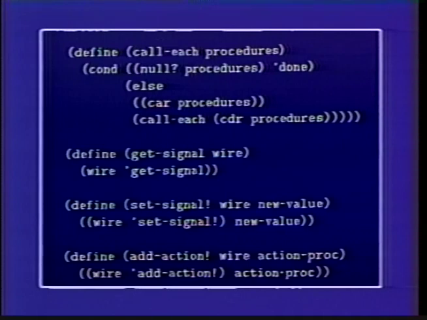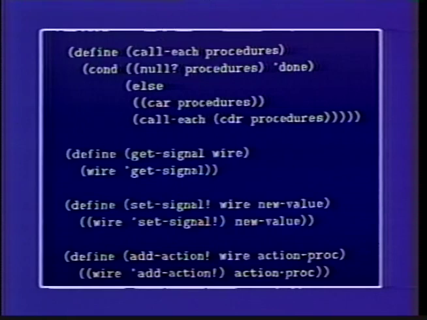However, if I want to get a signal from a wire, I ask the wire, which is, what is the wire? The wire is the dispatch returned by creating the wire. It's a procedure. I call that dispatch on the message get signal, and what I should expect to get is a method of getting a signal. Or actually, I get the signal.